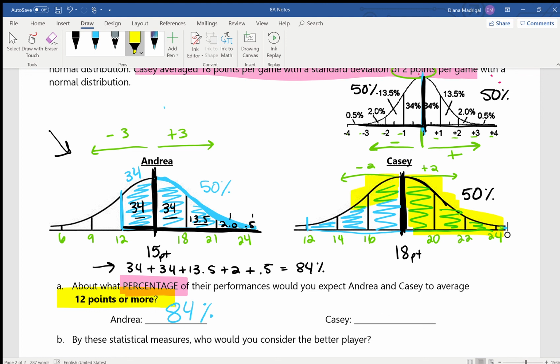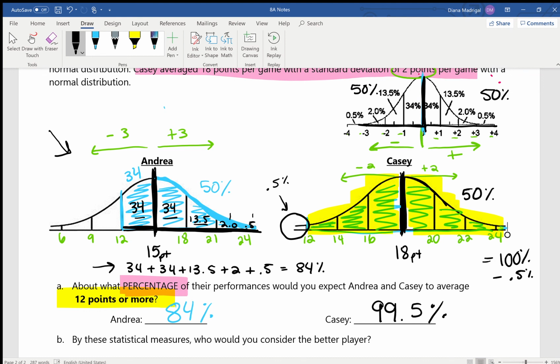I'm using everything except for this little piece right here. That's the only piece I'm missing, so it's not going to be 50%. The whole thing has to equal 100, and the only thing I'm not using is the 0.5%. So all you have to do is subtract the 0.5, and that gives me 99.5%.